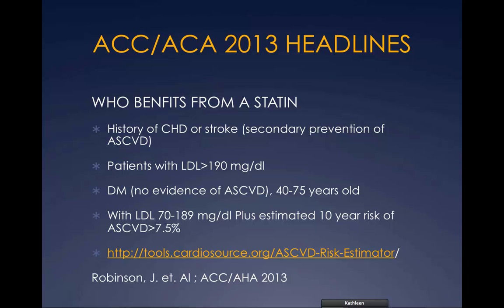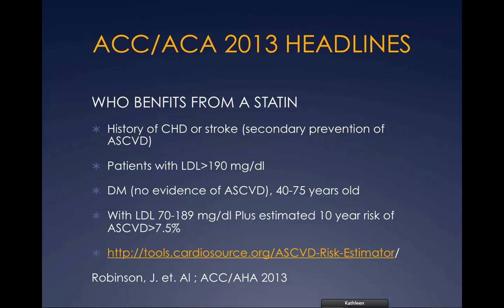Patients with diabetes, with no evidence of atherosclerotic cardiovascular disease, but who have diabetes and are between 40 and 75 years old, are also at high risk. Individuals with an LDL between 70 and 189, plus an estimated 10-year risk of atherosclerotic cardiovascular disease of greater than 7.5.